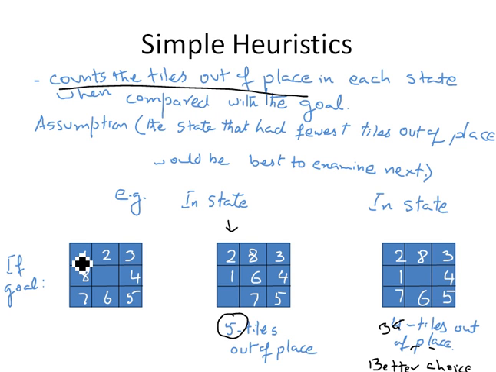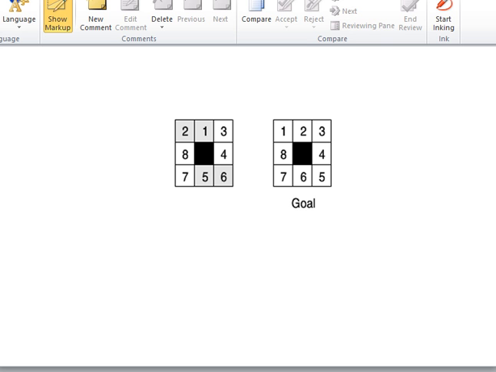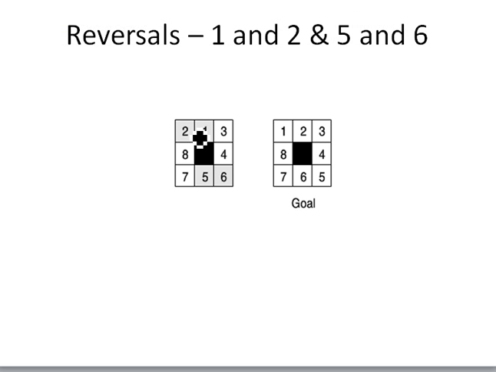One of the problems with this sort of approach is when we have to consider tile reversal, because just counting the number of tiles which are out of place would not probably give us the best guess or best heuristic. So in this situation, where these two tiles have to swap, visually one is one place away from its desired location and two is one place away from its desired location.